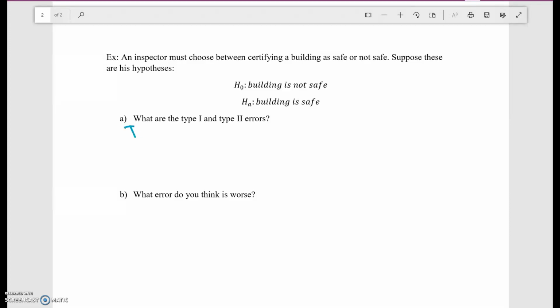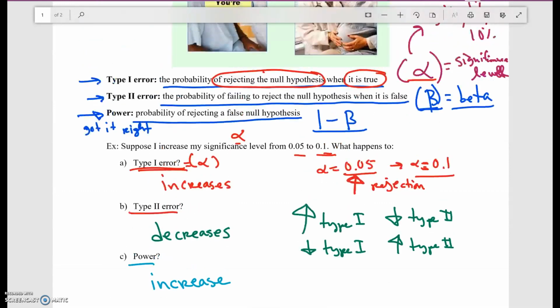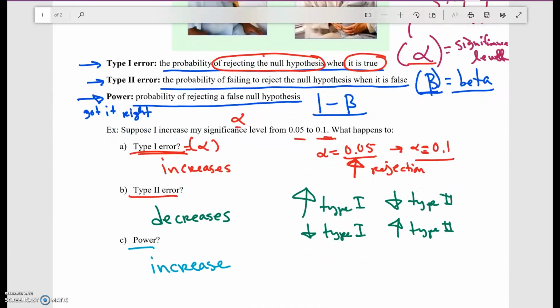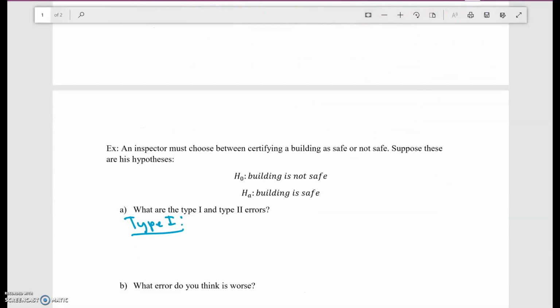So what could possibly be my type 1 error? Well, if we go back up, type 1 is just the probability of rejecting the null hypothesis when it is true. So that means I rejected this and it was true.